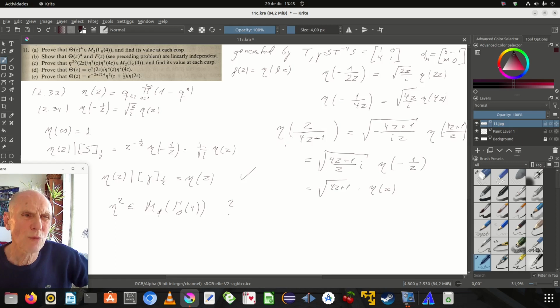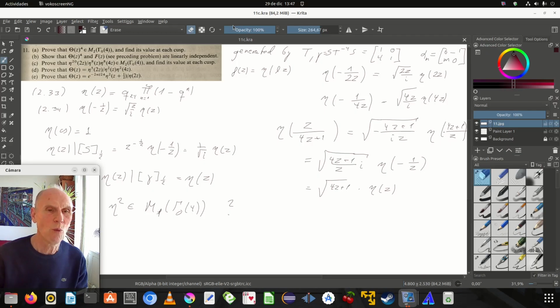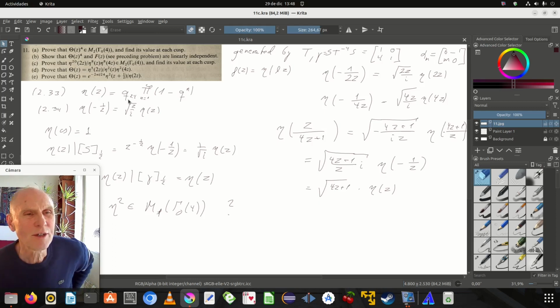This sounds wrong, so I'll just look it up. Or I won't look it up, I'll just check it. Well, that didn't take long. I was a little too fast here, because eta is not particularly invariant under t, only t to the 24th.